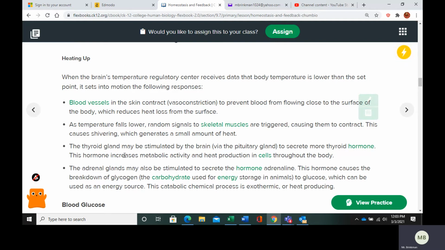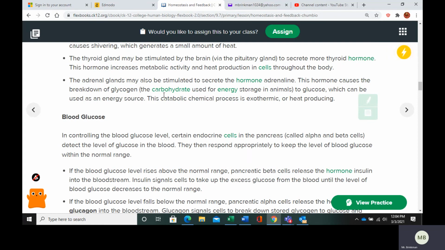The thyroid gland may be stimulated by the brain to secrete more thyroid hormone, and this is going to increase metabolic activity and heat production in the cells. The adrenal glands may be stimulated to secrete adrenaline.